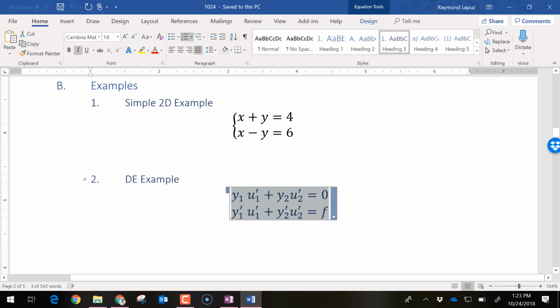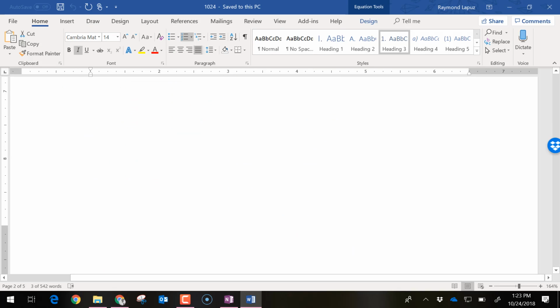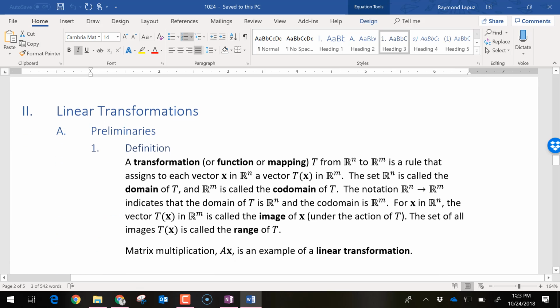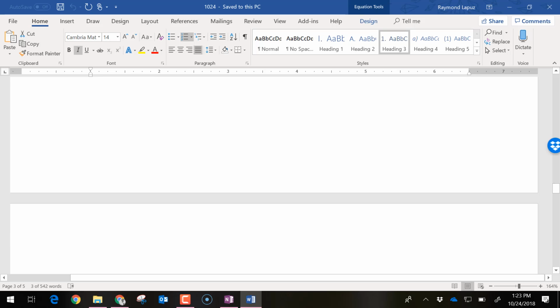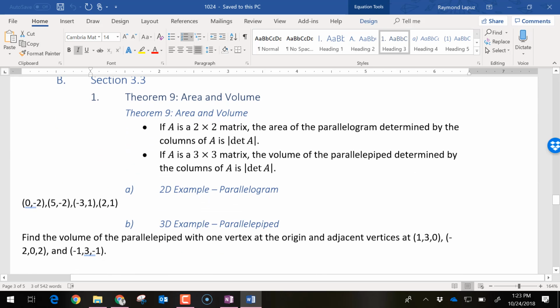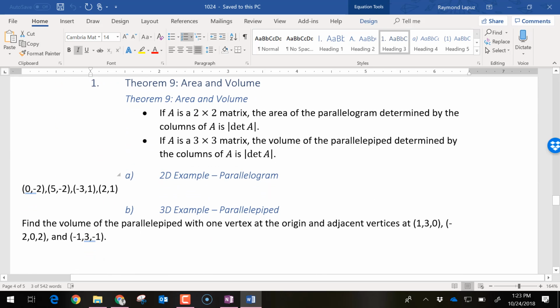So we're still in section 3.3. Well, it was in last semester's test. Well, I don't know, I mean, it's free game now, right?